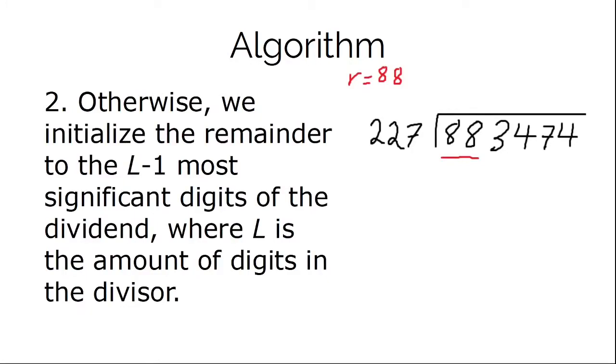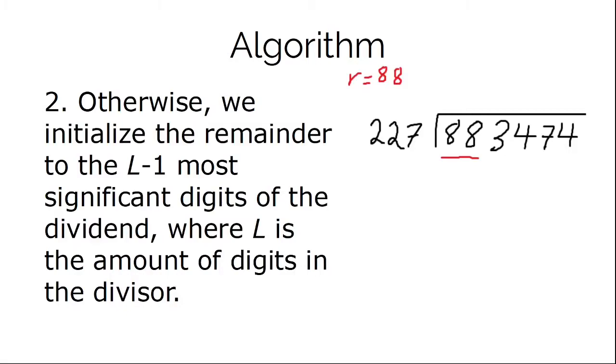Now the next step, step 2. Otherwise, so if it isn't the case that the dividend has fewer digits than the divisor, we initialize the remainder to the L-1 most significant digits of the dividend, where L is the amount of digits in the divisor.